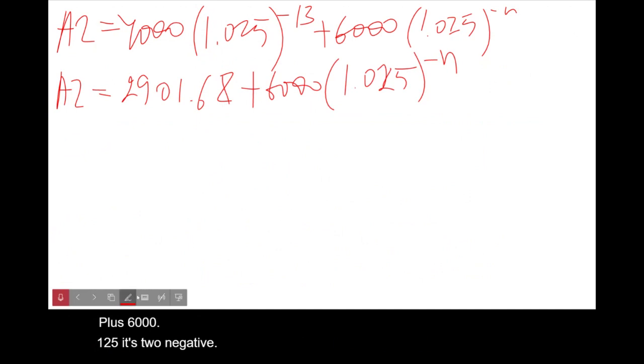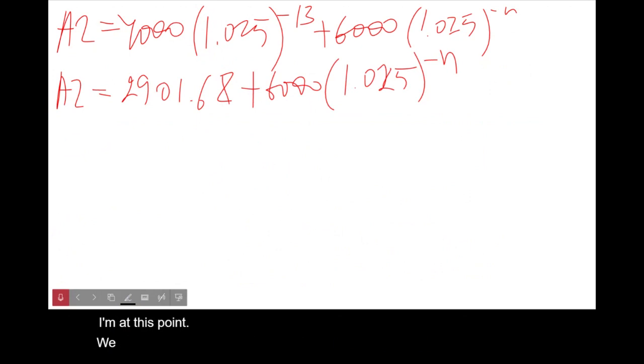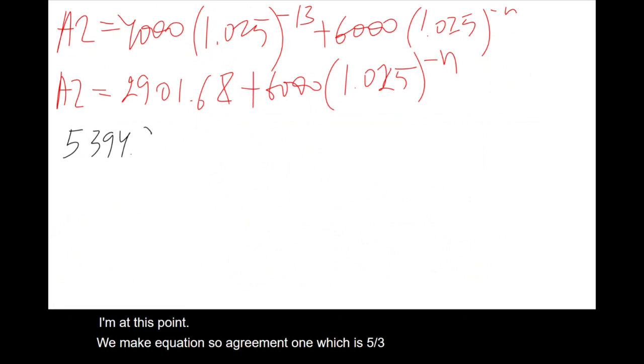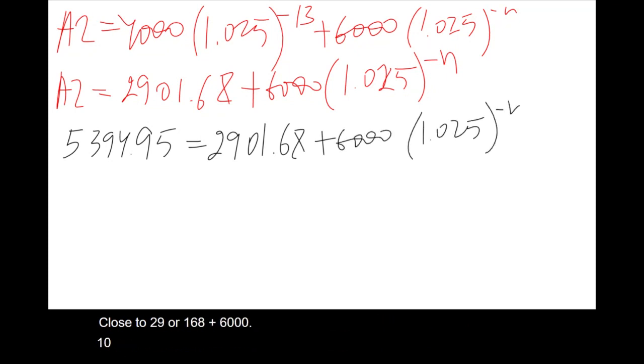Now, at this point, we make equation. So agreement 1, which is 5394.95, equals 2901.68 plus 6,000 times 1.025 negative n.